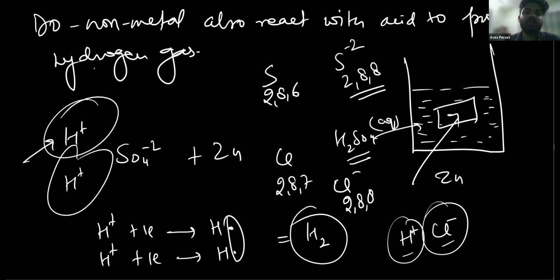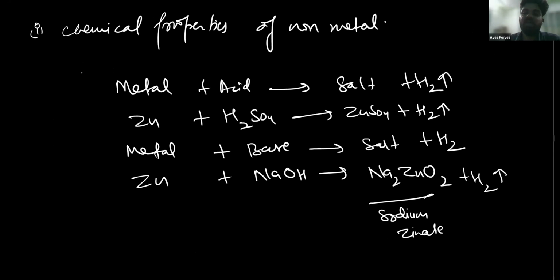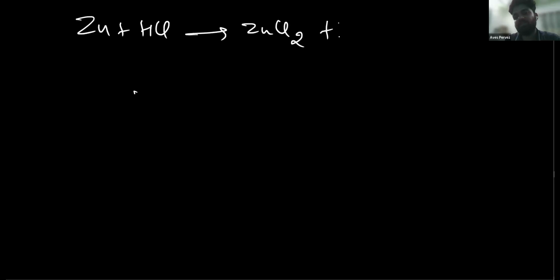Moving to this point, in chemistry, if electron is added to someone, for example Zn plus HCl gives you ZnCl2 plus hydrogen gas.